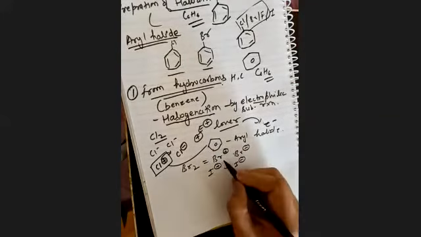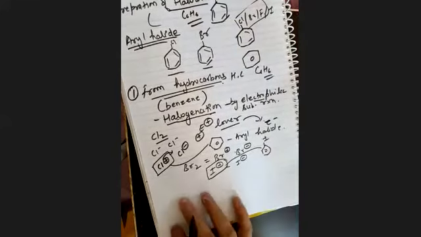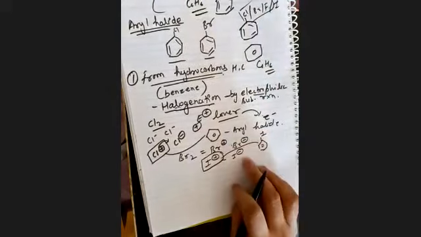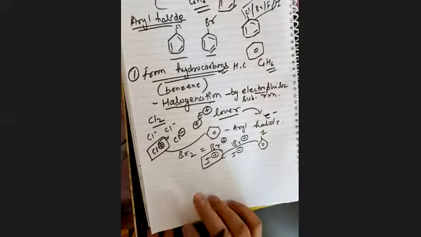Clear? So this positive will attack the benzene ring and form aryl halide. That's what we do in the halogenation process to form aryl halide from hydrocarbon. Let me explain this with the help of a proper equation. I'll just explain the concept right now.